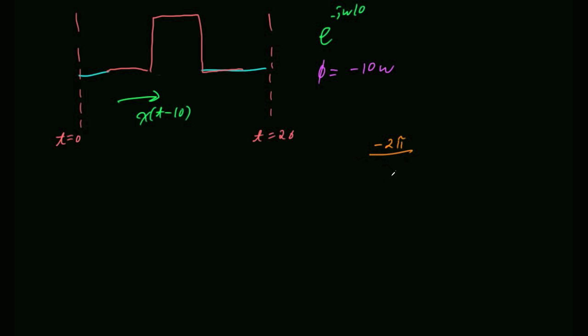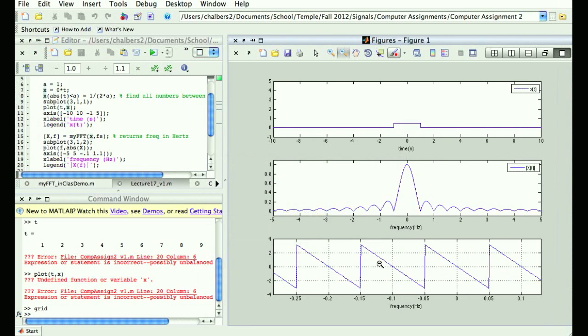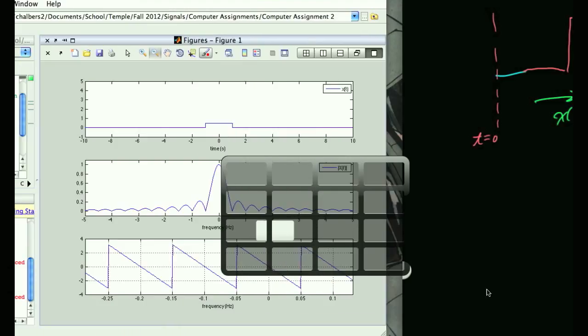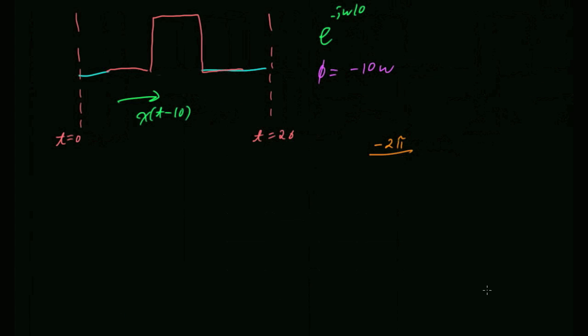The delta y is minus 2 pi. The delta x is minus 0.05 to 0.05, that is 0.1 hertz. So that's minus 2 pi radians per 0.1 hertz.